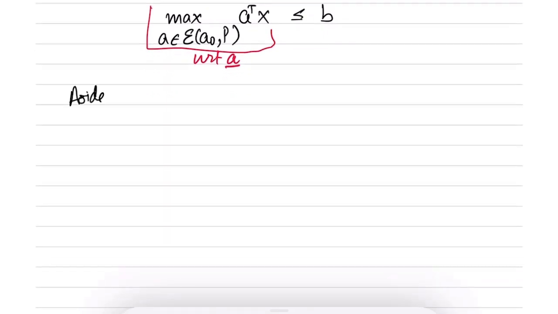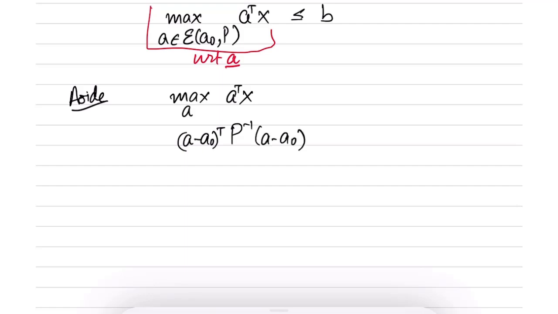So now it remains for us to solve this problem. It remains to solve maximize A transpose X with respect to A, where (A minus A0) transpose P inverse (A minus A0) is less than equal to 1. This is the definition of the ellipsoid.